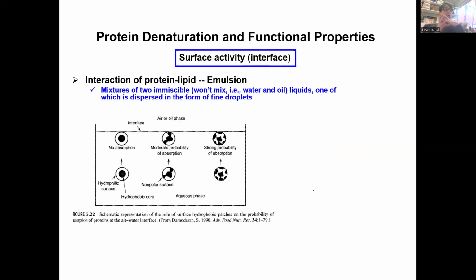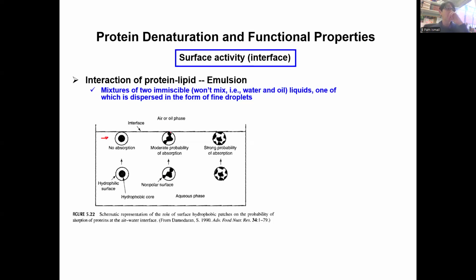So here we're illustrating a protein emulsifier. In this case, you have a protein with a lot of hydrophilicity, and the hydrophobic is mostly concentrated in the center, and the protein is not denatured, so you won't have adhesion at the interface.